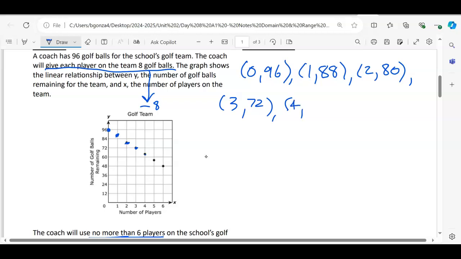For 4, I'm just going to have to subtract 8 from that, and I get 64. Okay, for 5, it's not on the grid, so I got to subtract 8, and I get 58. 56, my bad. Last but not least, this is on the grid, 6, 48.